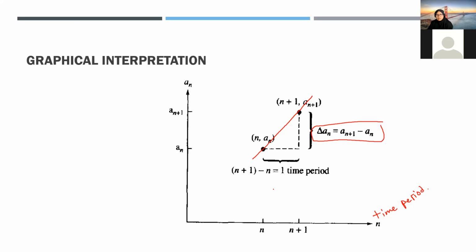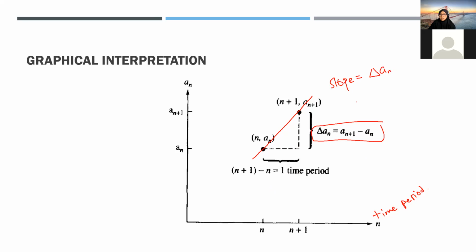ΔAn equals An+1 minus An. And you can see that the slope is just for one time period. It's not for the whole time period. You can see that this is invalid.